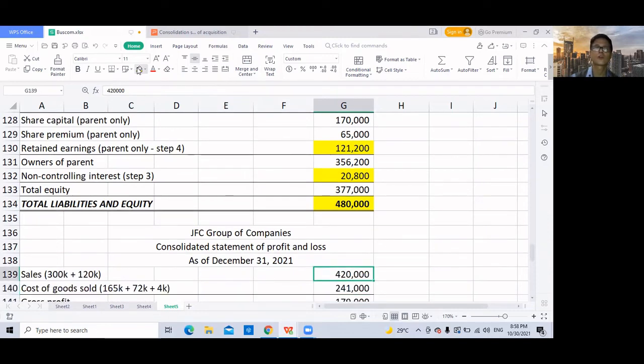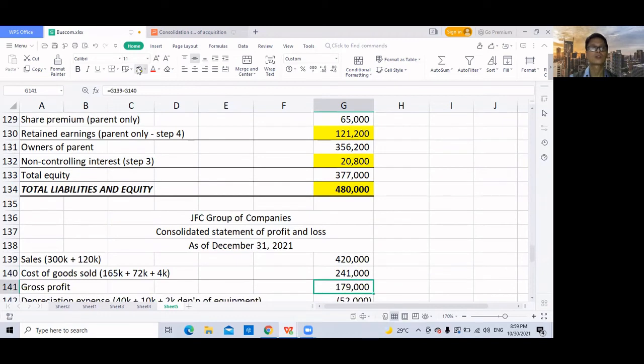We have sales of 420,000, the sum of JFC's 300,000 and the subsidiary CK's 120,000. Cost of goods sold is 165,000 for JFC, 72,000 for the subsidiary, plus the 4,000 inventory that was sold, which is now used up. That's 241,000, so we have a gross profit of 179,000.